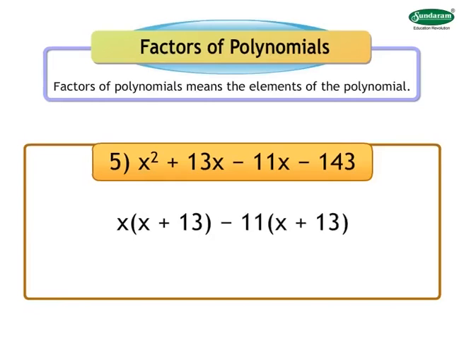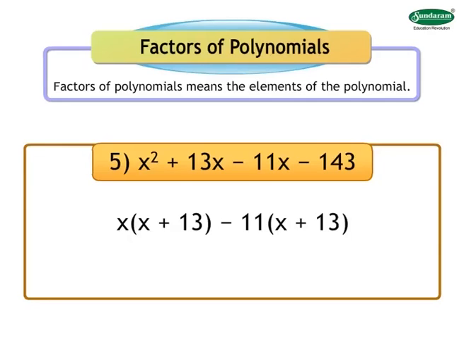Remember, taking a negative common factor changes the signs of the uncommon factor inside the bracket, and hence plus x into minus 11 gives us minus 11x, and plus 13 into minus 11 gives us minus 143.